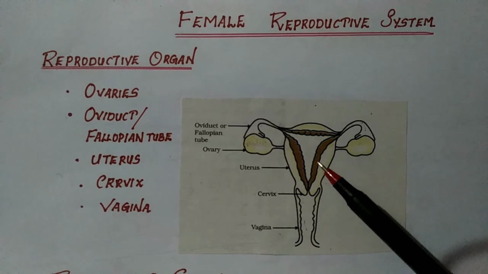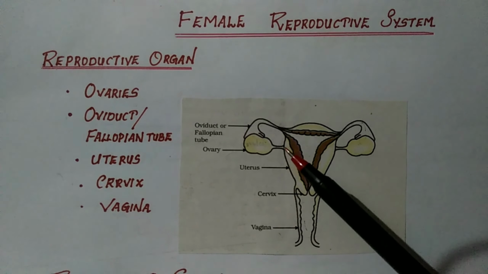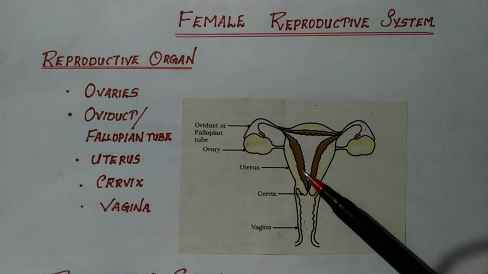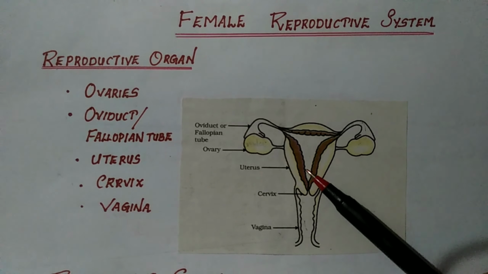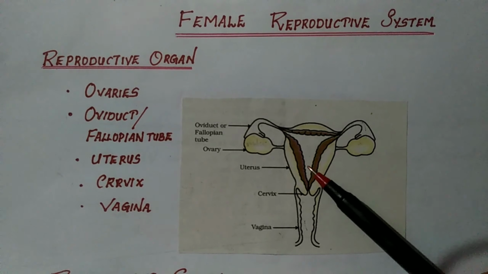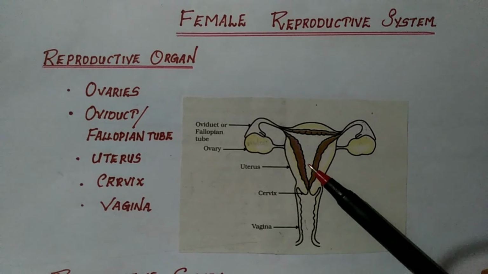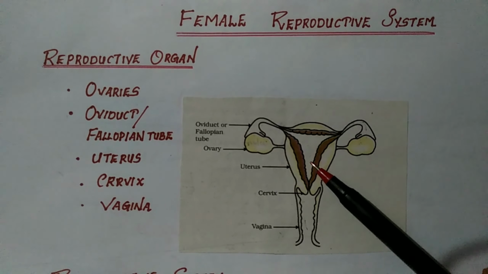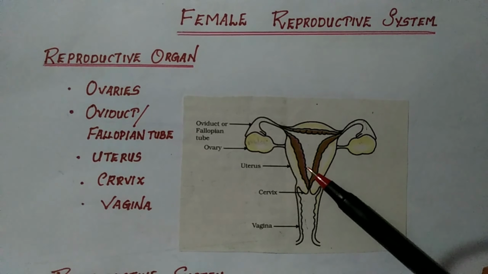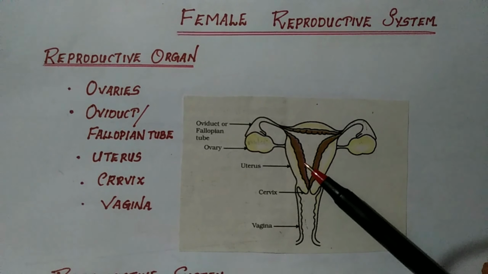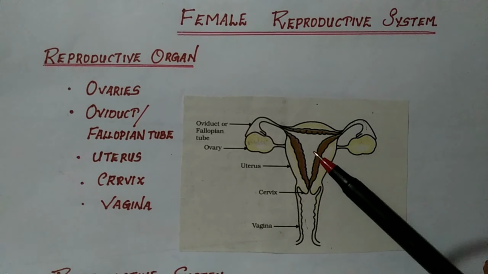The time period from the development of the fetus inside the uterus till birth is called the gestation period, and the act of giving birth to the fully developed fetus at the end of the gestation period is known as parturition. The duration of the gestation period in human beings is nearly 9 months. So these are all regarding how reproduction is carried out in human beings.